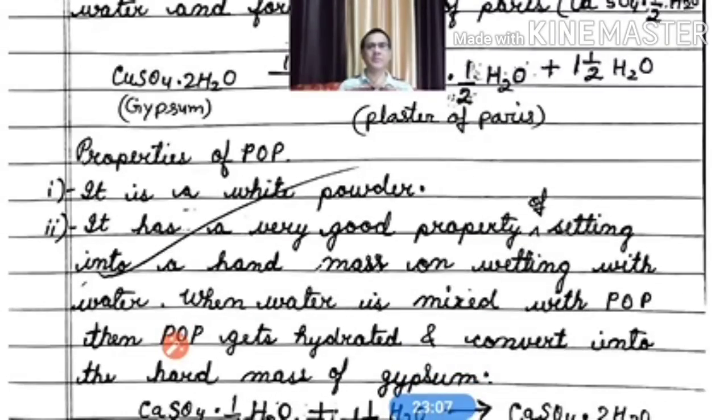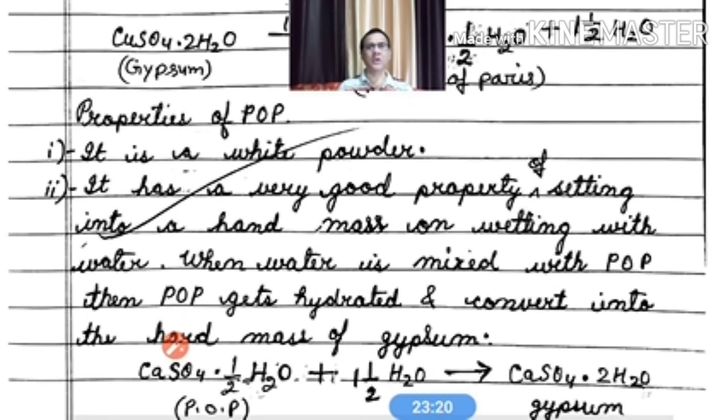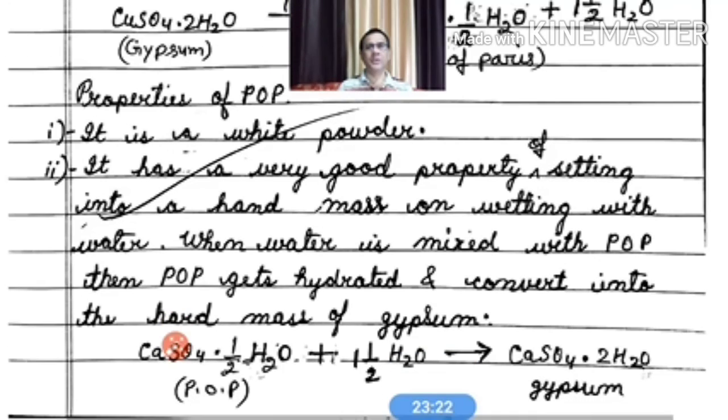Now, properties of POP. First, it is a white powder. You know very well POP, white powder. It has a very good property of setting into a hard mass on wetting with water. When water is mixed with the POP, then POP gets hydrated and converts into the hard mass of gypsum.